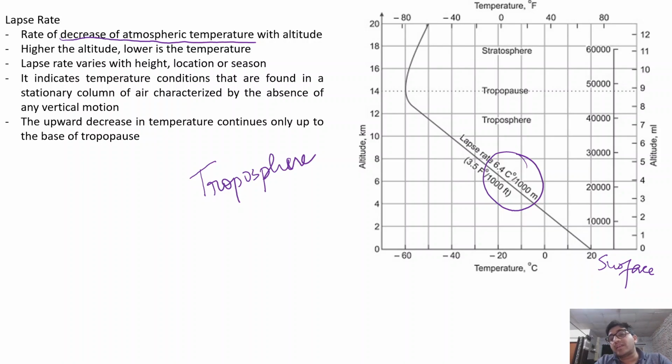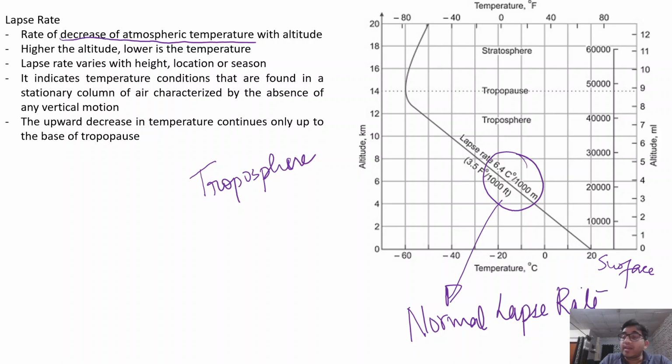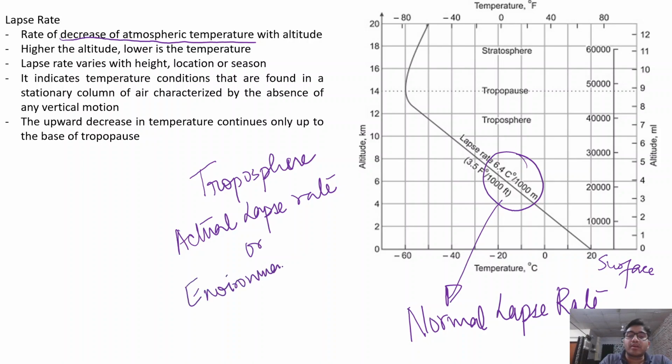Now that we have got the normal lapse rate, let me write it over here, that this value is for the normal lapse rate, while the actual lapse rate or environmental lapse rate is different than the normal lapse rate. Now, higher the altitude, lower is the temperature. This is a generalized condition.